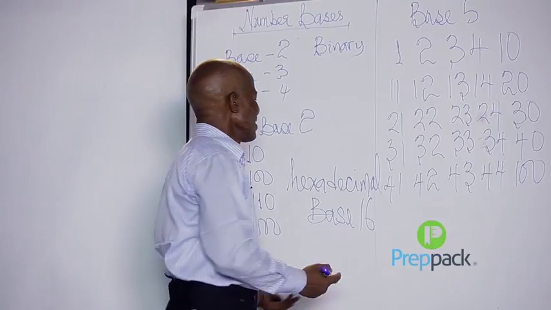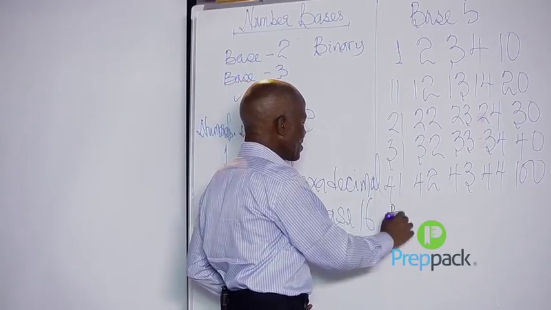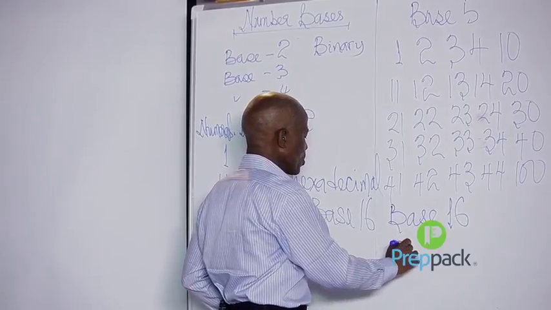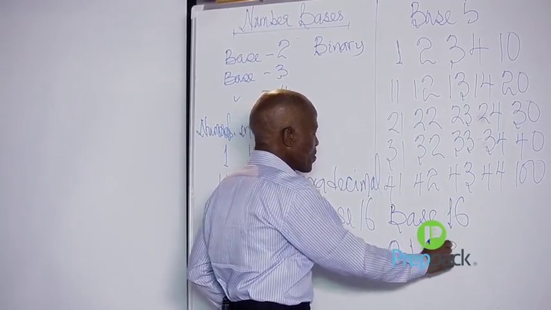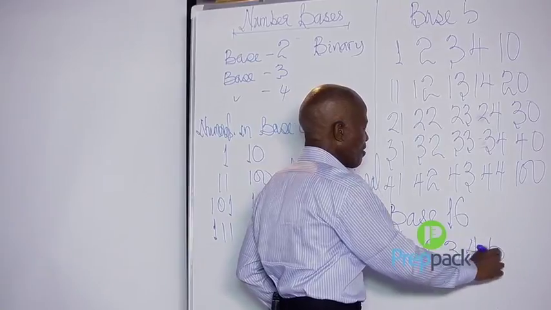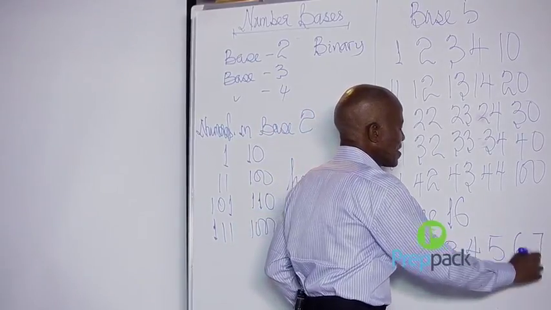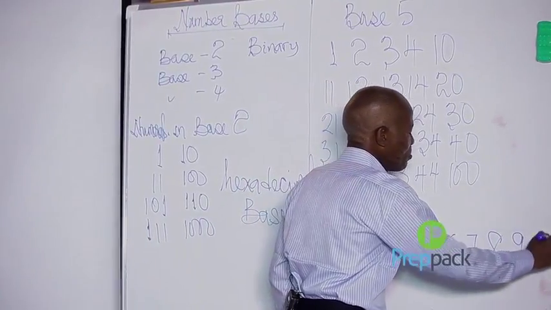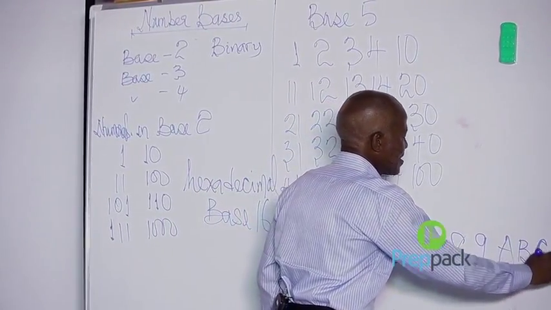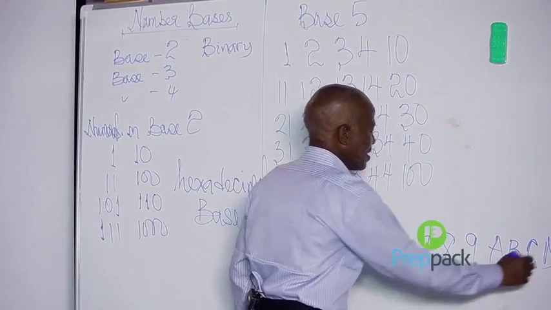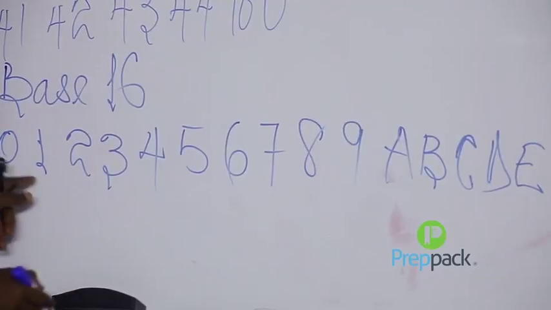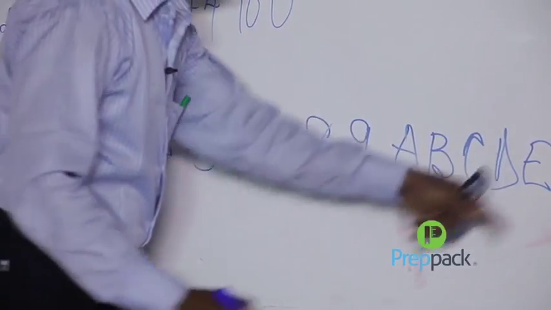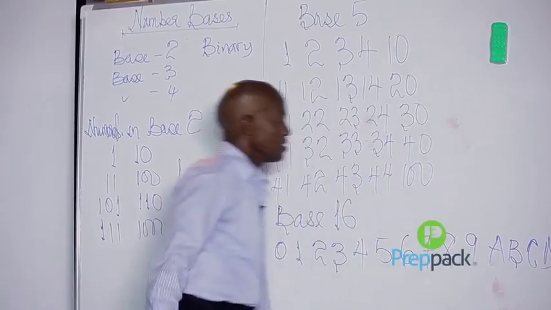Of course, in base 16, we could say something like this: 0, 1, 2, 3, 4, 5, 6, 7, 8, 9, A, B, C, D, E, F. 1, 2, 3, 4, 5, 6, 7, 8, 9, 10, 11, 12, 13, 14, 15, 16.